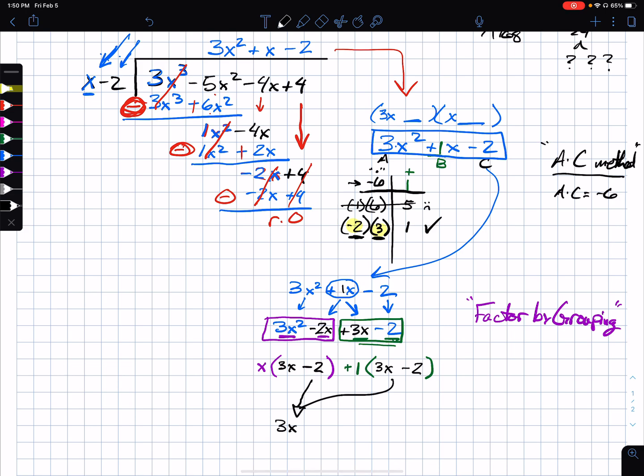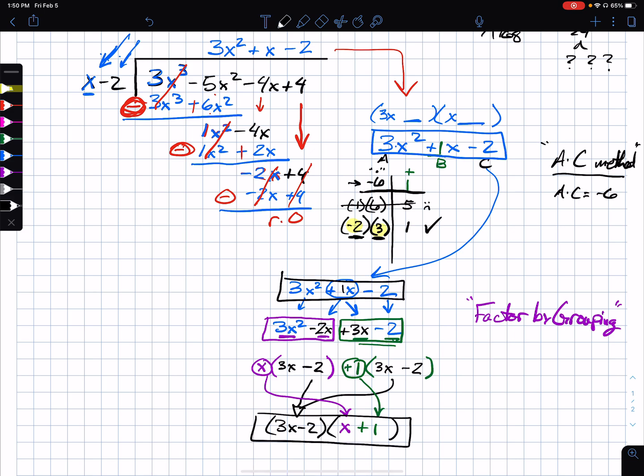So 3x minus 2 is a common factor, and the other binomial is from what I call the leftovers, or the structure that's left behind. Okay, so that's the x plus the 1. So this is our factorization for this right here. Okay, that factors into that.